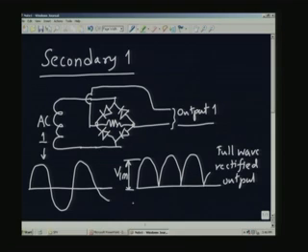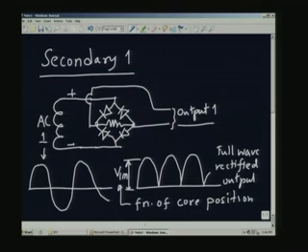This will depend on the core position, a function of the core position. So, if you look at this, if the AC wave is coming here, if this is positive with respect to this, this diode will conduct, this diode will conduct.